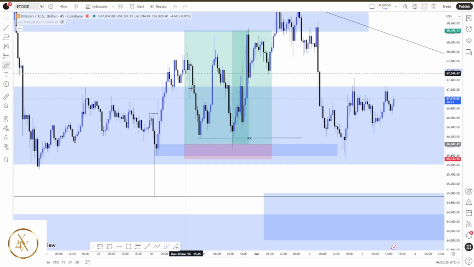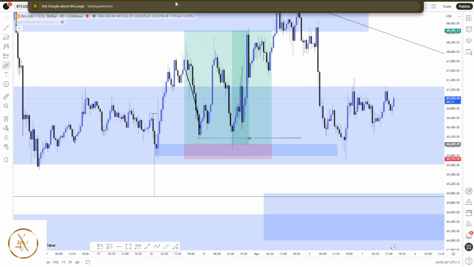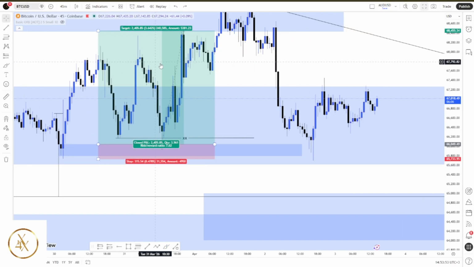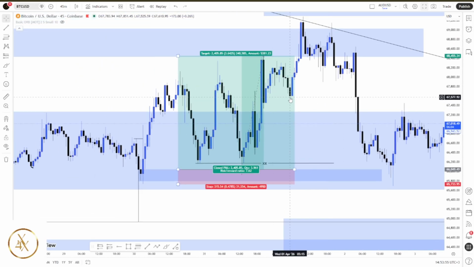So the first retracement was inducement, and this inducement actually took out this high. So as more confluence, I actually could have risked more, but I'm very, very cautious when it comes to risk management. I'm very cautious with that.